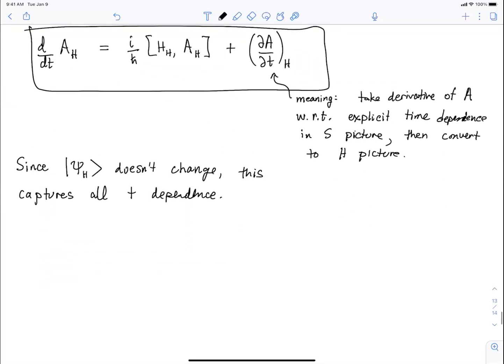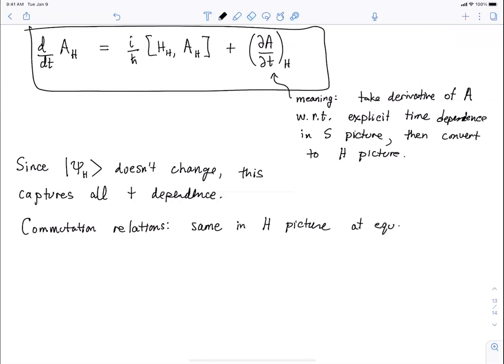Okay, so one last thing before we stop for today is to ask about commutation relations because they're often important. This will be quick. So the commutation relations are the same in the Heisenberg picture as long as you do it at equal times.